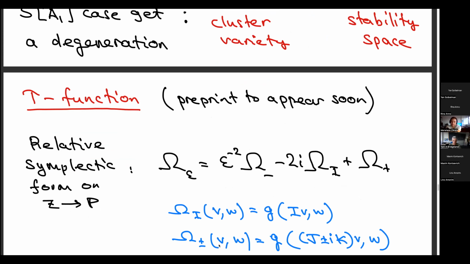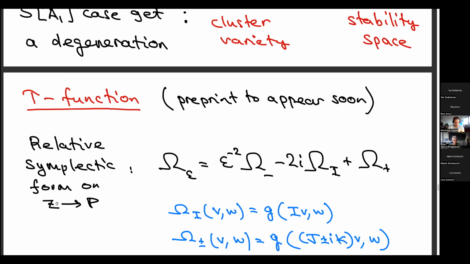But we have these closed two forms, and we can make this combination. And the point is that this descends to Z. In other words, we form Z by quotienting by this distribution, and that distribution is in the kernel of this form. So this form descends to Z, and we get a relative symplectic form on the fibers of Z to P1.